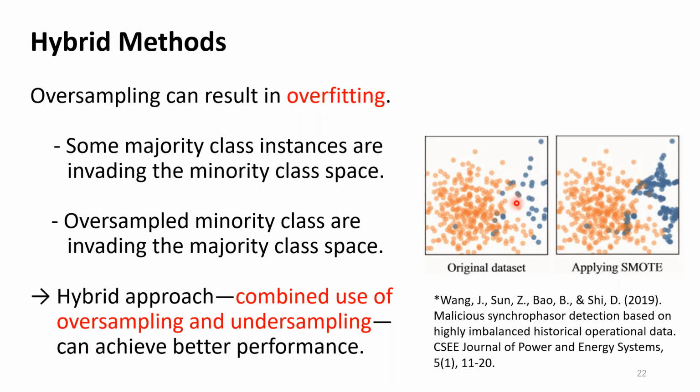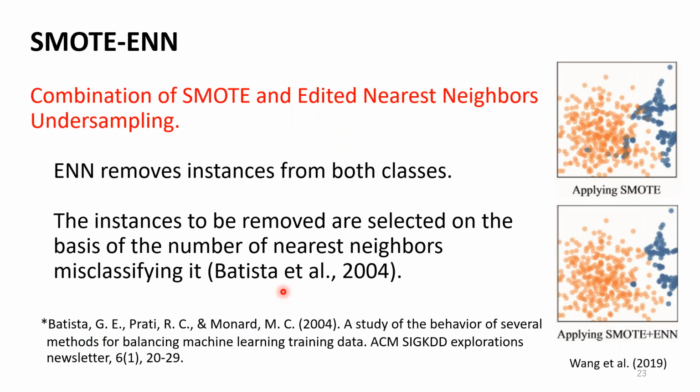Therefore, a combined use of oversampling and undersampling, which we call hybrid methods, can achieve better performance. One of the popular hybrid methods is SMOTE-ENN, which is shown to achieve the best predictive performance for datasets that are highly imbalanced and have very few minority class instances.